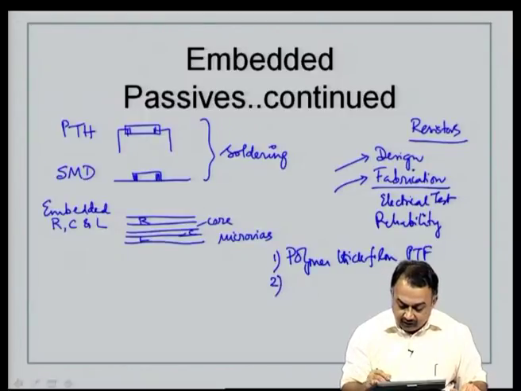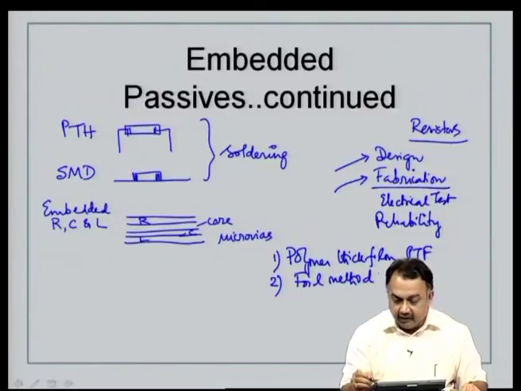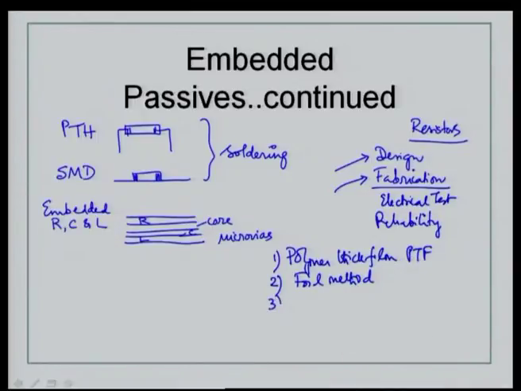Then the second one is the foil method, how you can laminate resistor foils with the printed wiring board dielectric material, and finally, electroless plating as a key methodology to plate resistor materials like nichrome or nickel tungsten phosphorus and so on. So, we have also seen the materials used in each of these methods to create embedded passives.